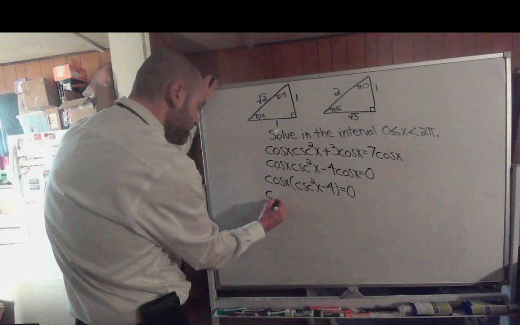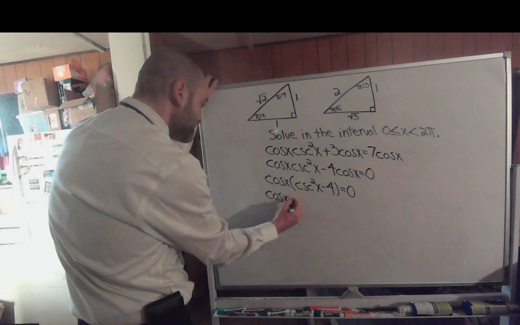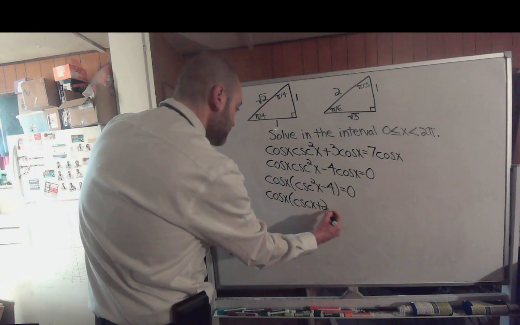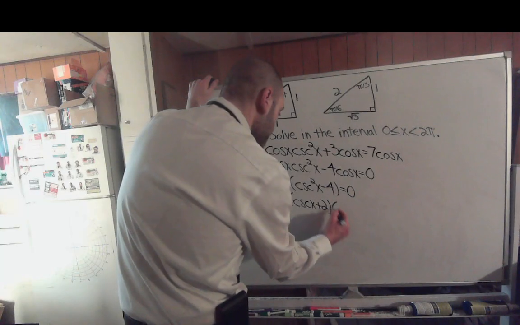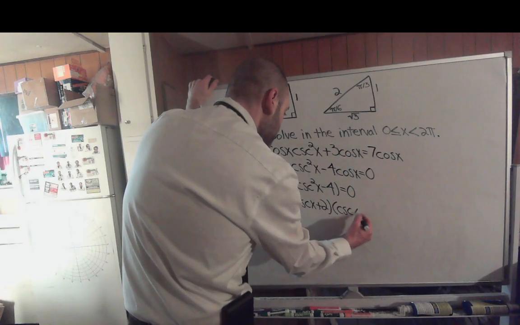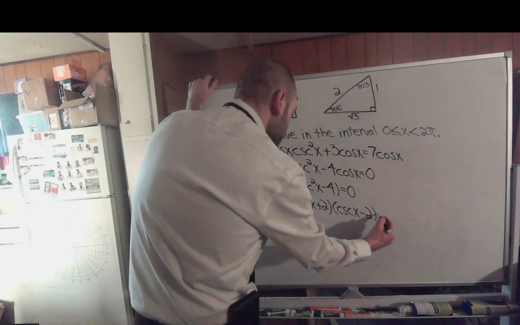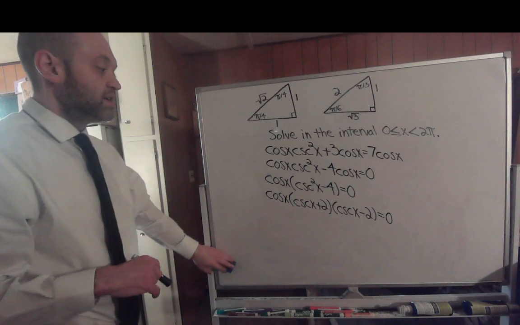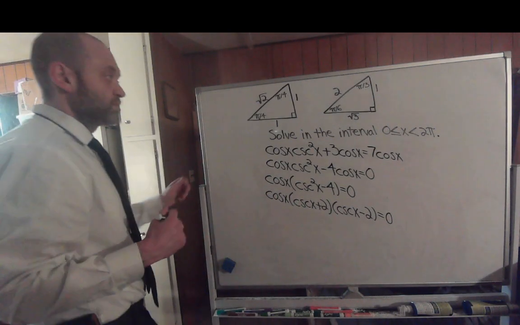So then this would give you the cosine of x times the quantity of the cosecant of x plus 2 times the quantity of the cosecant of x minus 2 equals 0. So you have 3 factors again. So let's set each of these factors equal to 0.